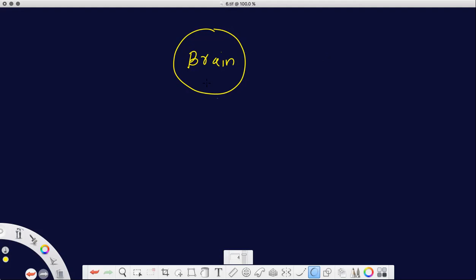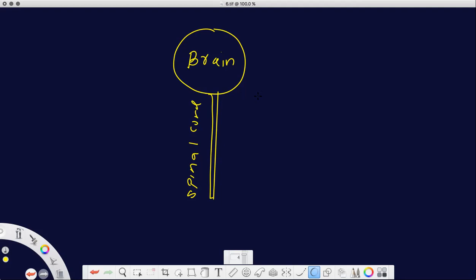Then the brain is connected to the spinal cord. Brain and spinal cord we can consider the major part of the nervous system.